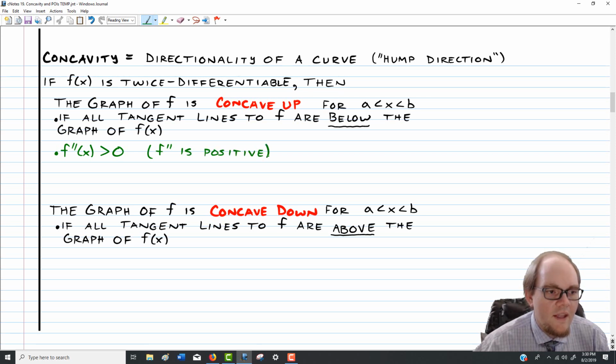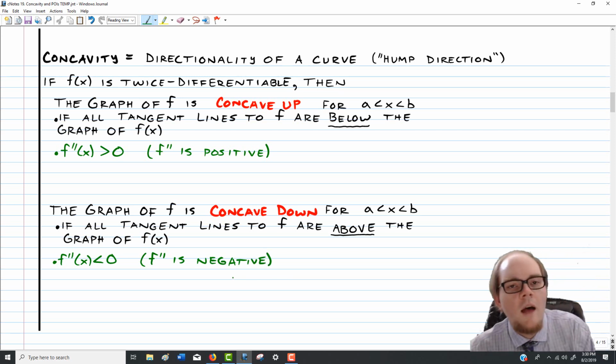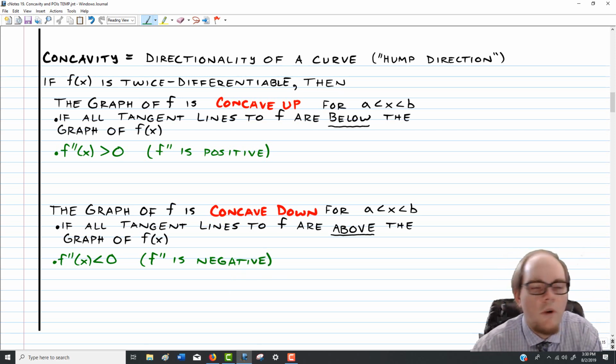Likewise, we can say the analogous statement that f double prime of x is less than 0, or f double prime is negative when f is concave down. So in a sense, what we've just gotten is the clearest, most common definition or connection for concavity. If you want to tell where a function is concave up or concave down, you can absolutely check and see what the second derivative is doing there.